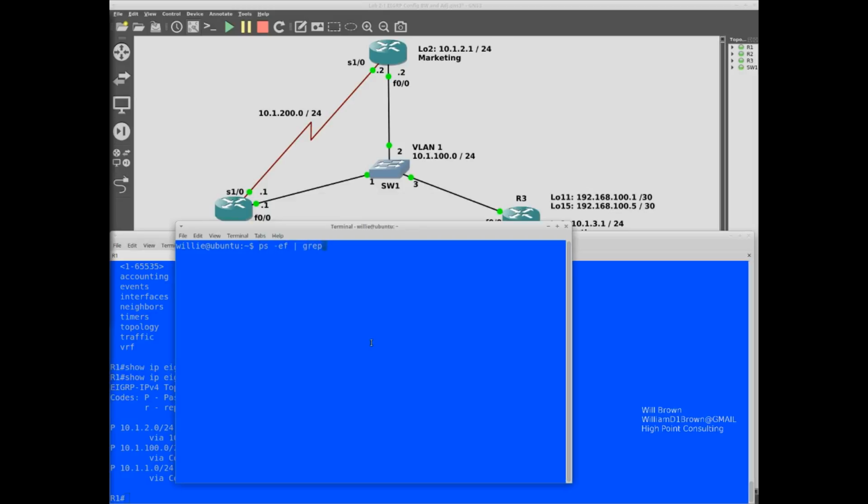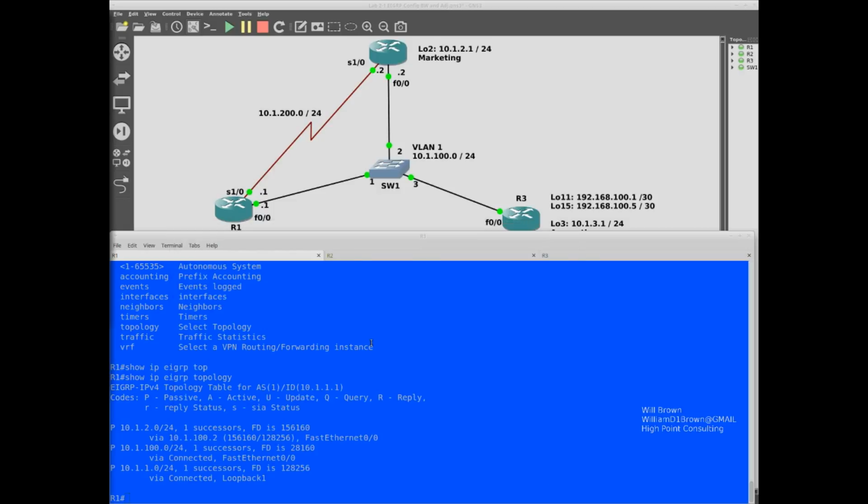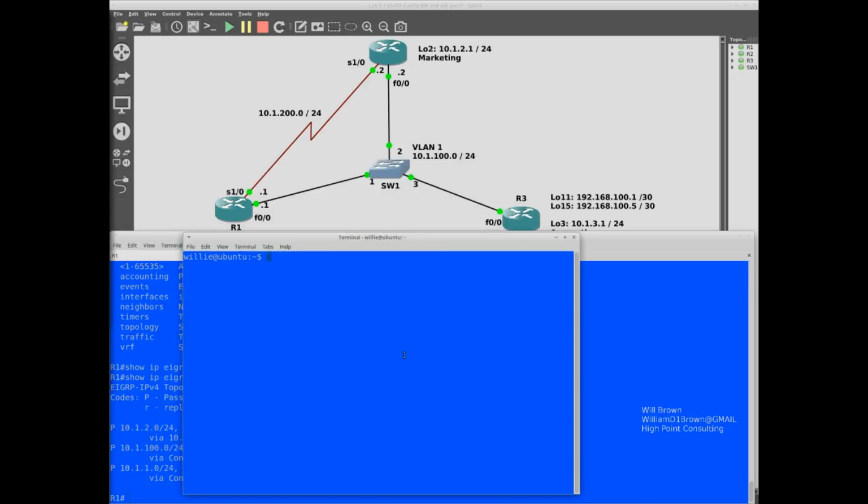What I'm doing is checking why my Wireshark is not coming up. I think there's a process already, yeah, it's hung. So I'm going to kill minus 9, 5521. Oops, I know what I did, wrong number. Yes, ps minus ef, grep Wireshark.